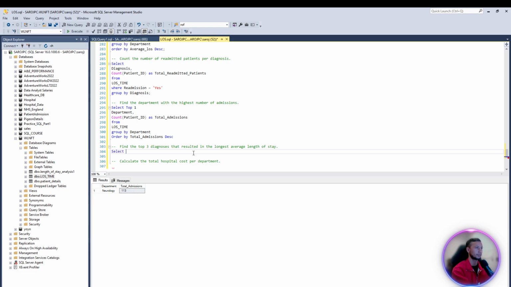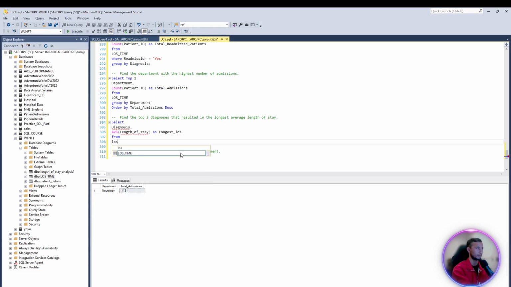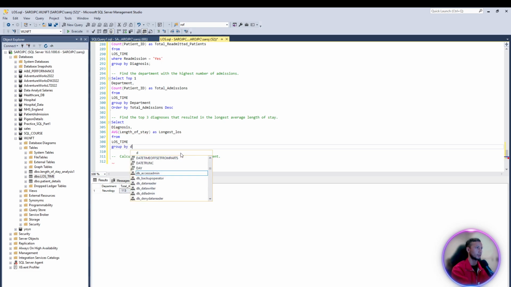Select diagnosis, then after average length of stay as longest length of stay from, then after group by diagnosis.